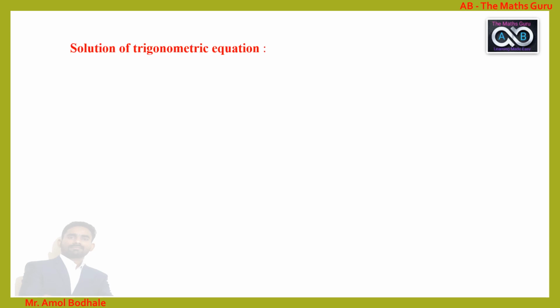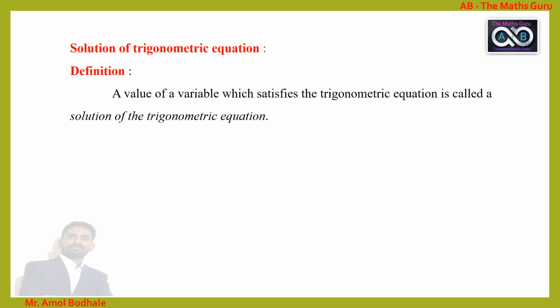So the next concept is solution of trigonometric equations. A value of variable which satisfies the trigonometric equation is called a solution of trigonometric equation. For example, here sin theta equal to 1 by 2 is given.